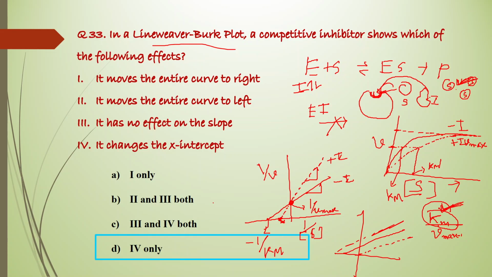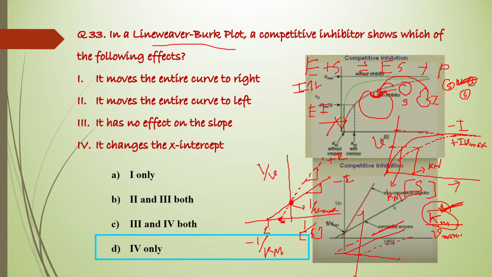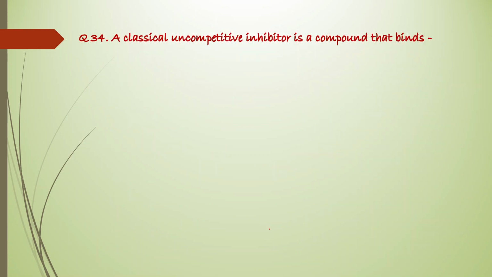So the statement is wrong that there is no effect on the slope. And the final option is it changes the x-intercept. Yes, the Km value changes and thus the x-axis intercept value also changes. So the only correct option was option D, the number 4 statement was the true statement.